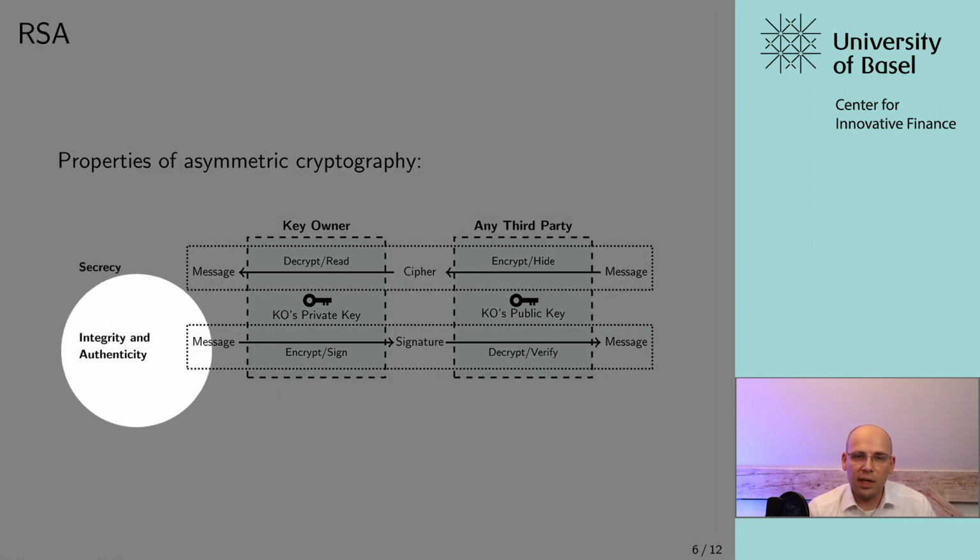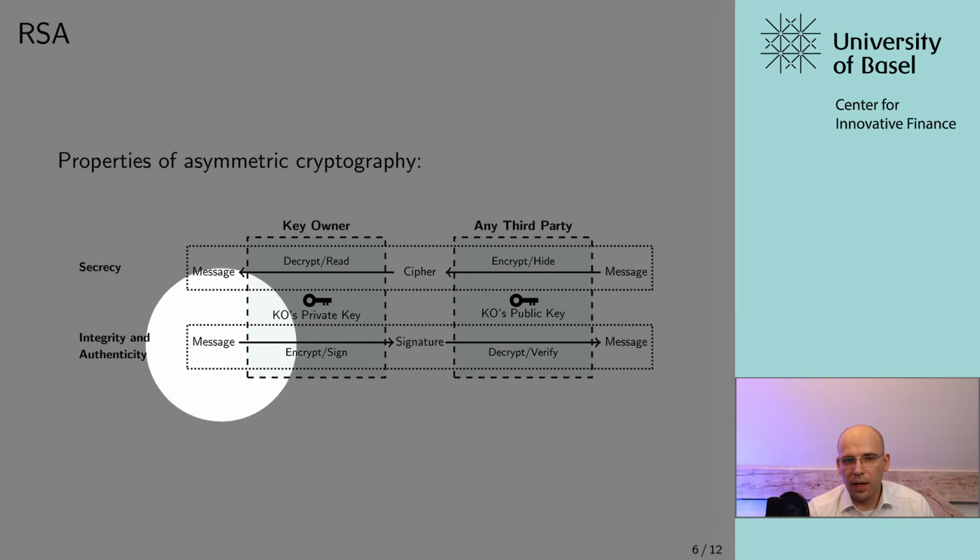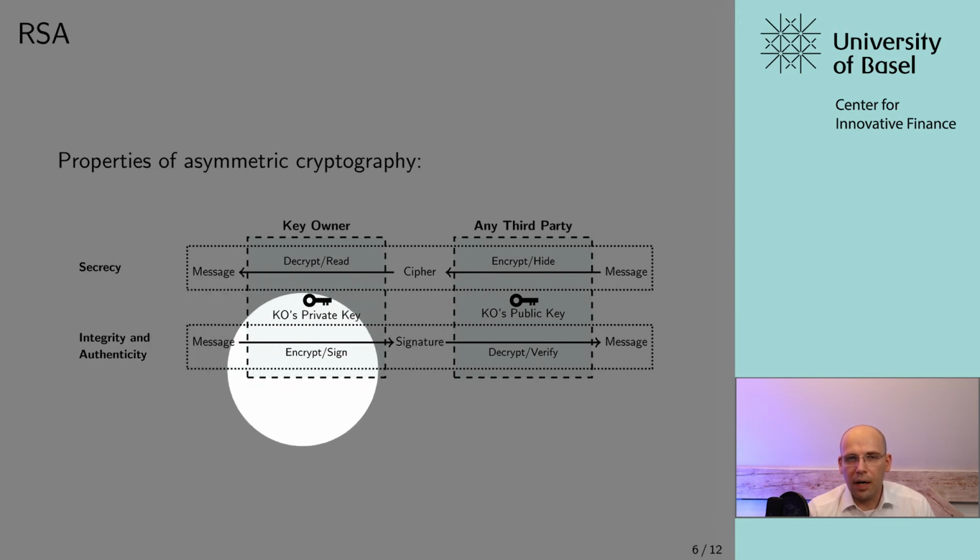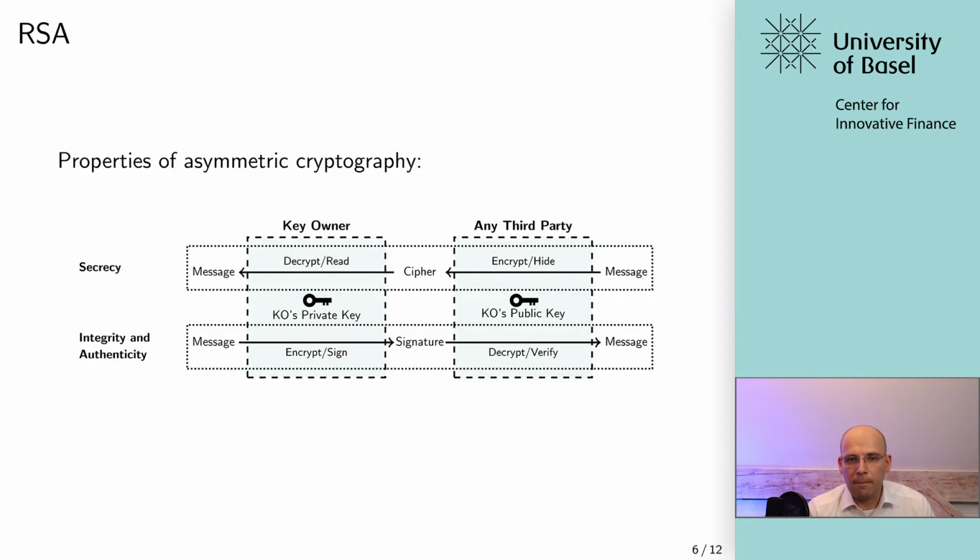What you do then is you have the message, and you encrypt the message with your own private key. Here it's not about secrecy, it's just a proof that you have been in possession of this private key, so that you are you and that this message corresponds with what you wanted to say.